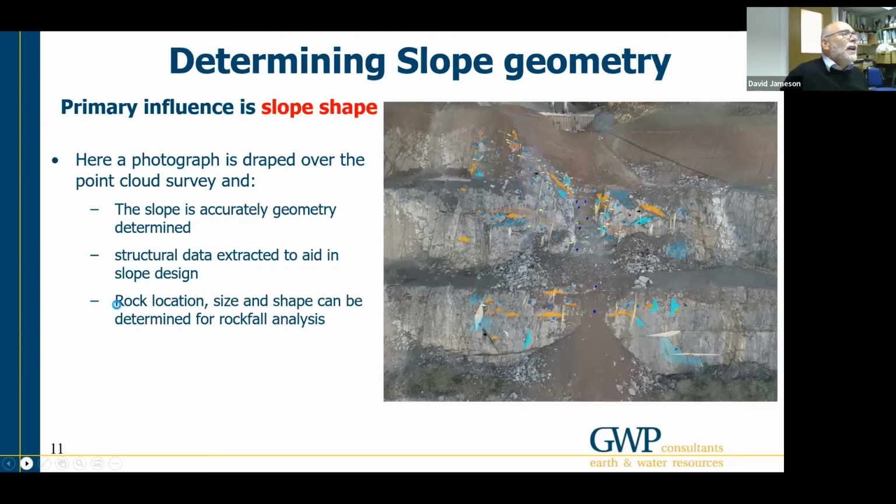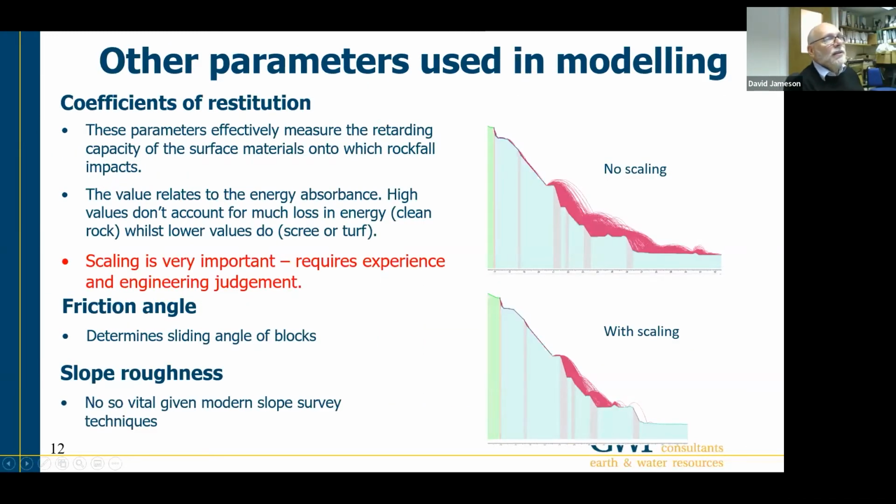Other parameters we often use in the rockfall models themselves, other than the slope geometry, are coefficients of restitution. These parameters effectively measure the retarding capacity of the surface materials making up the slope. As your blocks fall from height, they impact on the slope, and as they impact on that slope, they essentially lose energy.